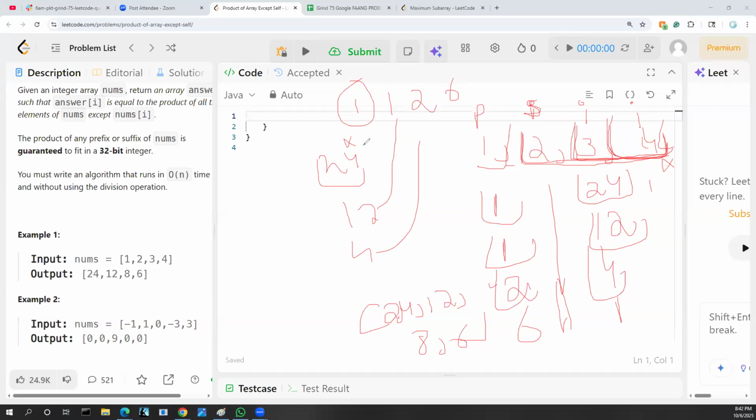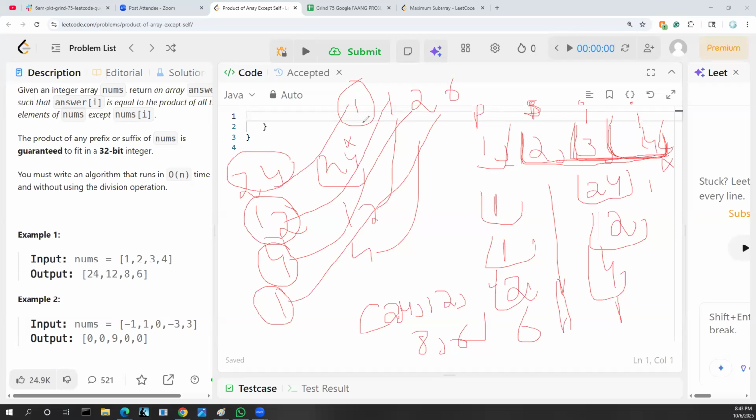So I've generated 24, 12, 4, and 1. So what if you generate 1 first, 4 second, 12 third, and 24 last, and then multiply it the way we multiplied it earlier? Then you get the answer. So now you have a direct relationship: 24 by 1, 12 by 1, 4 by 2, and 1 by 6.